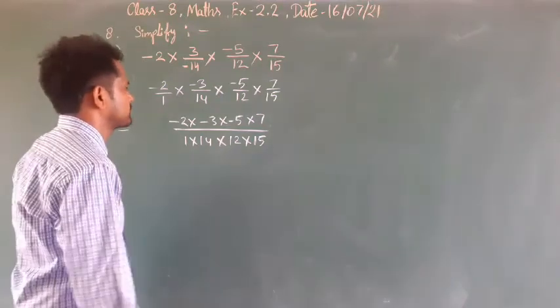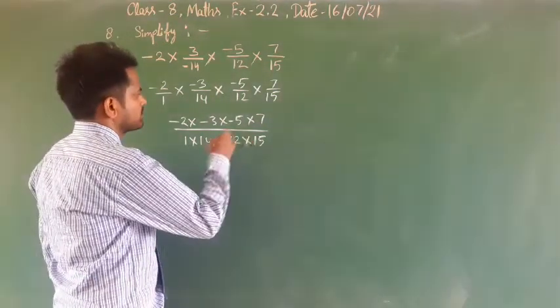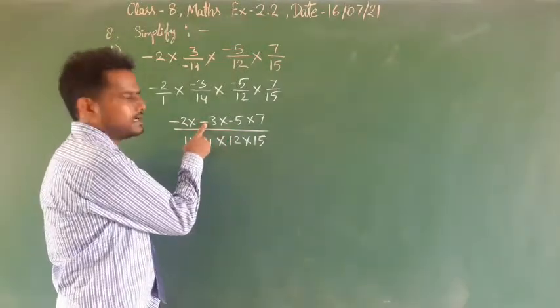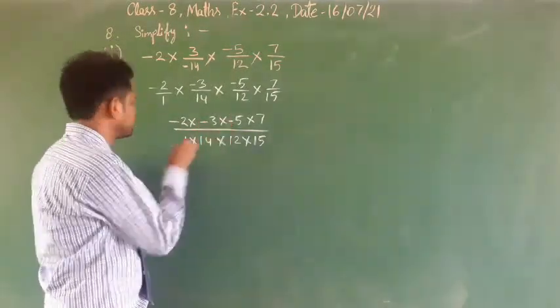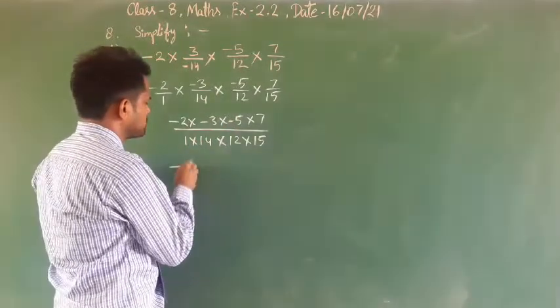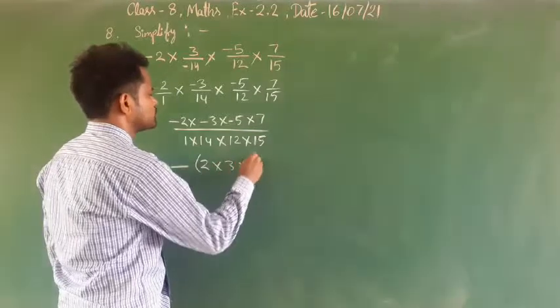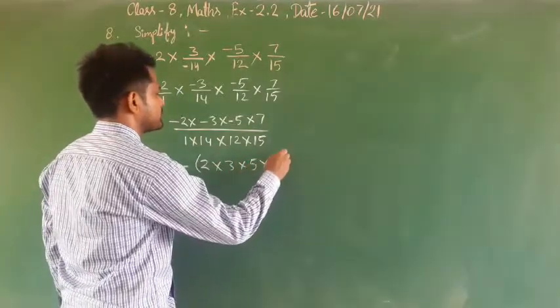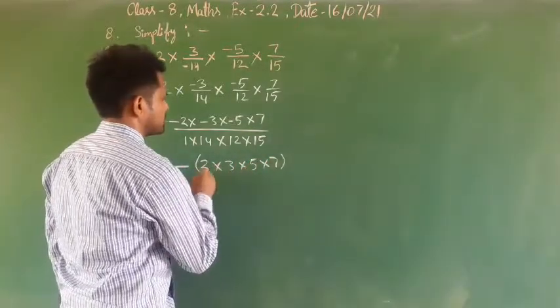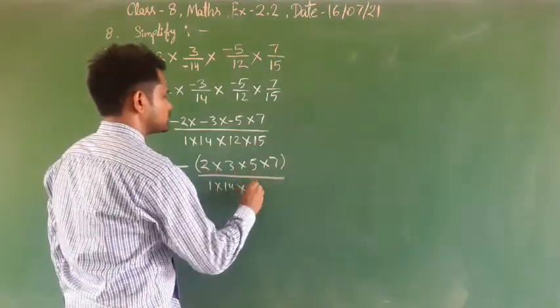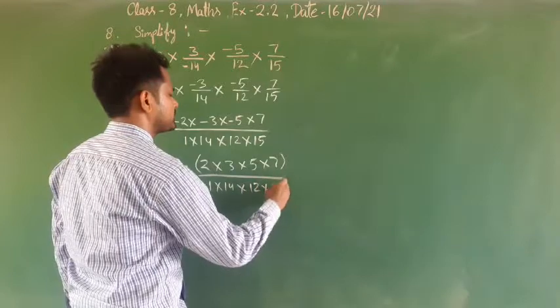So here minus into minus is equal to plus, and plus into minus, that is minus. So minus 2 into 3 into 5 into 7 upon 1 into 14 into 12 into 15.